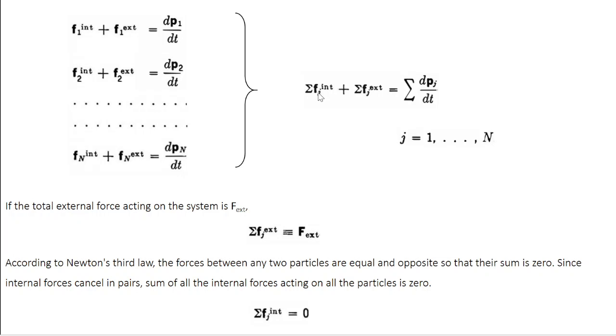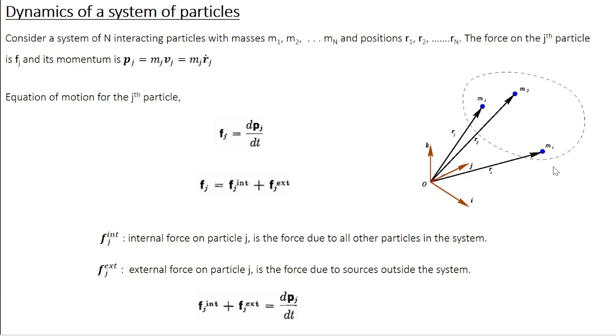Coming over to summation over fj internal. Luckily, from Newton's third law, I know that the forces between any two particles are equal and opposite. So they cancel each other, right? So if I have three particles like the one shown here, 1, 2, 3, the forces between m1 and m2 cancel each other. The forces between m2 and m3 cancel each other.